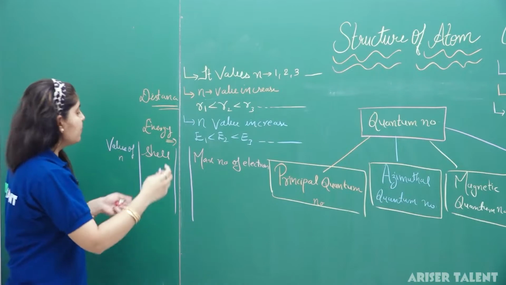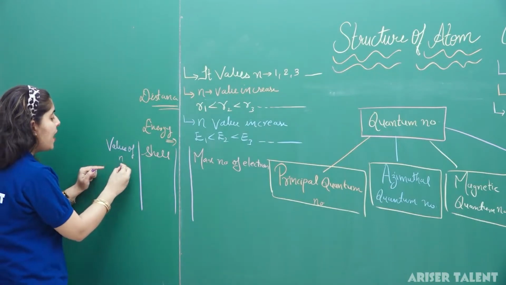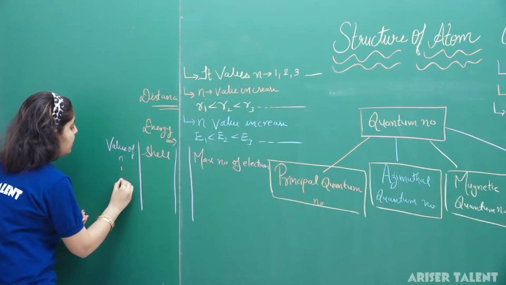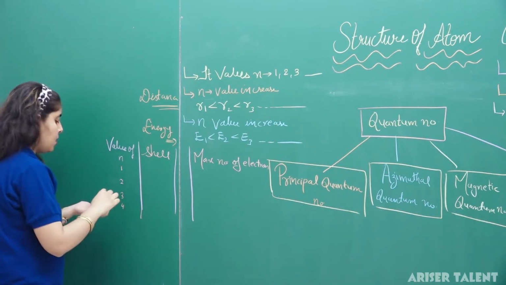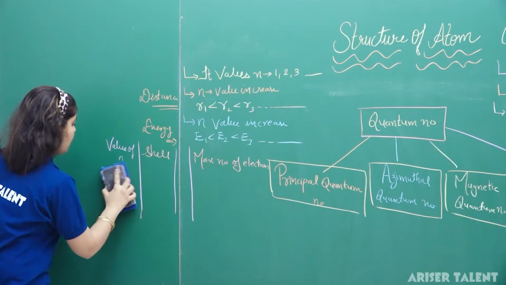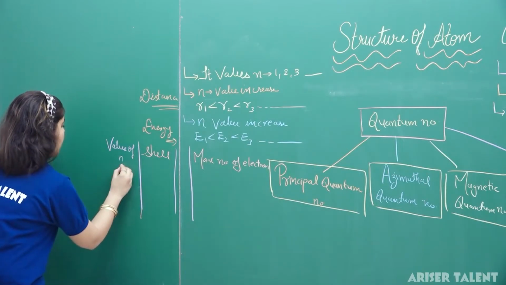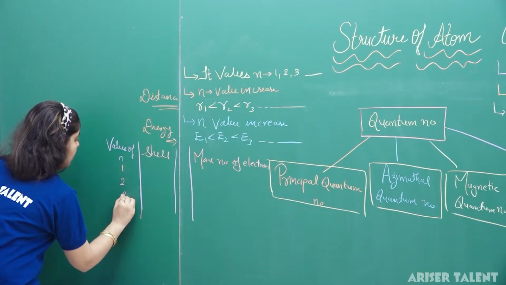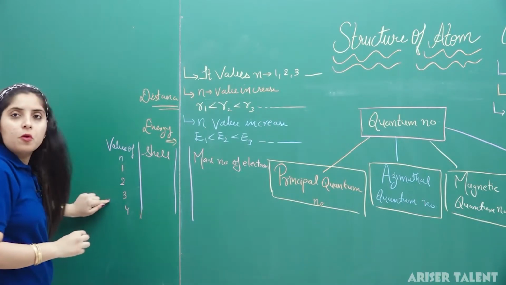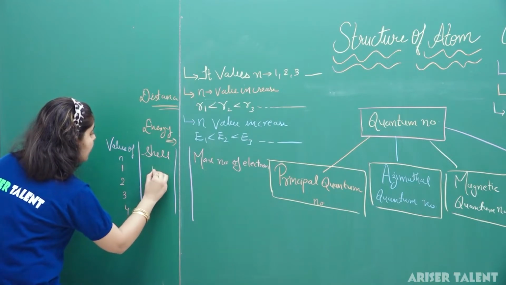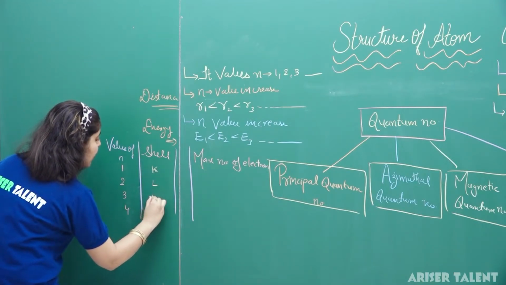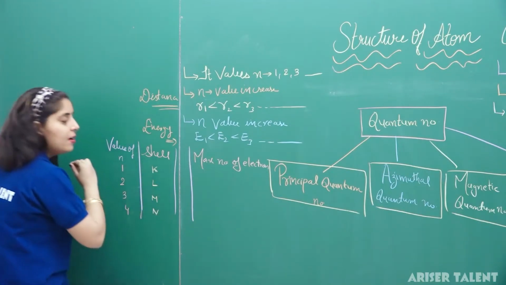Now we will write the value of n as 1, 2, 3 and 4. We have 4 values of n and we have the 4 shells corresponding to it, that is K shell, L shell, M shell and N shell.